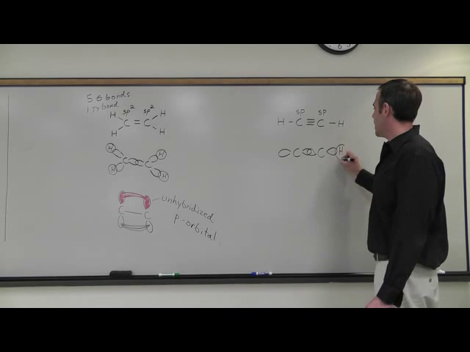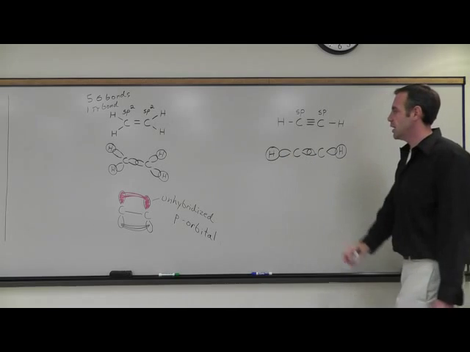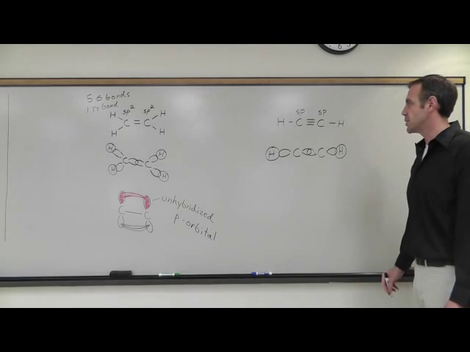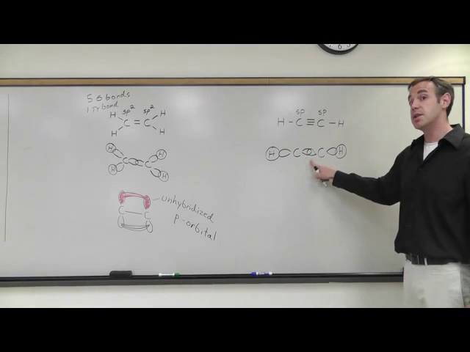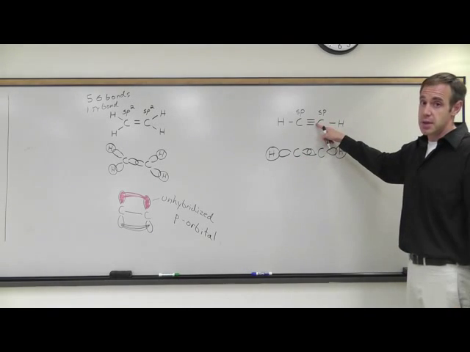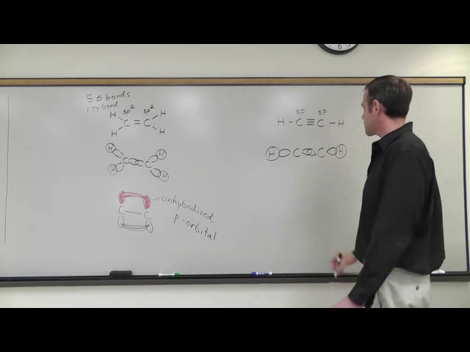And so there's overlap, again, between the s orbital of hydrogen and the sp hybridized orbitals of carbon. There's overlap here to form a sigma bond between the 2 carbons. And so one of the bonds in the triple bond is a sigma bond. The other 2 are pi bonds.